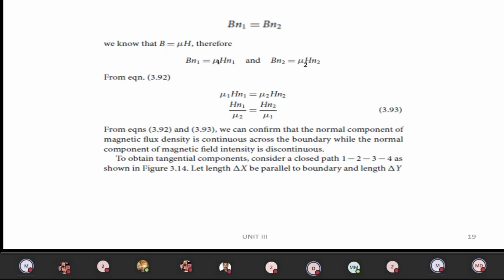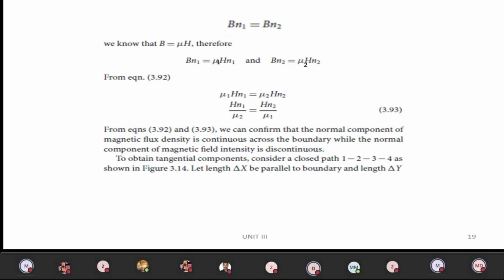When you place two magnetic materials, the normal component of magnetic flux density is continuous across the boundary. So Bn1 equal to Bn2.